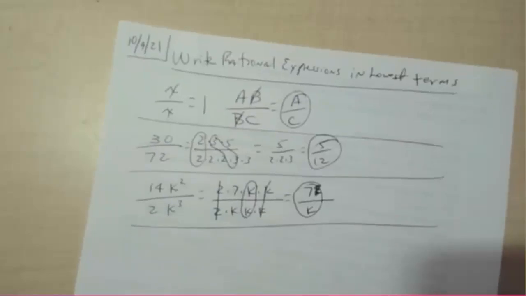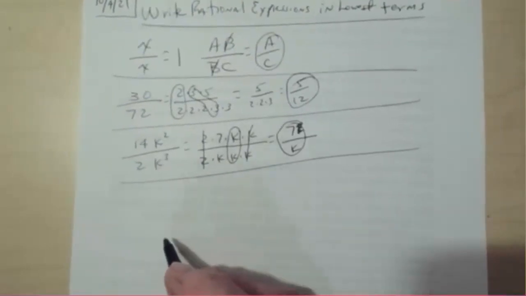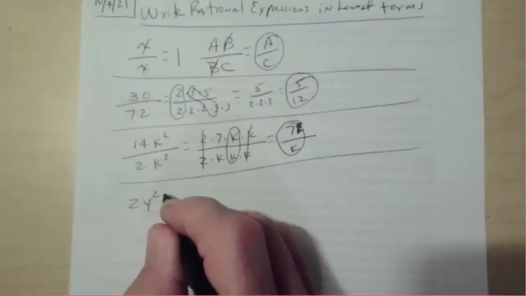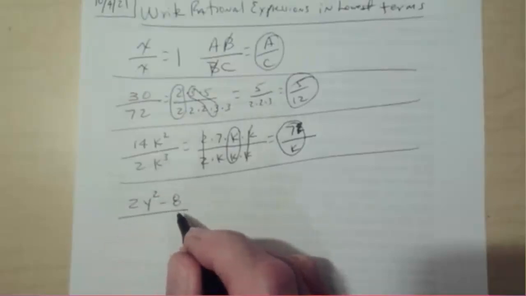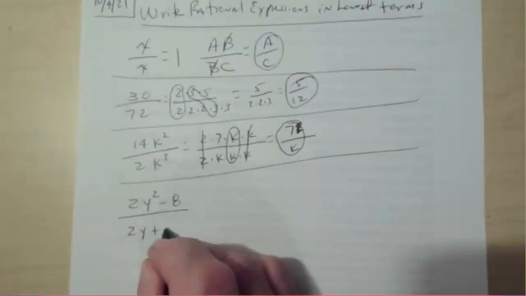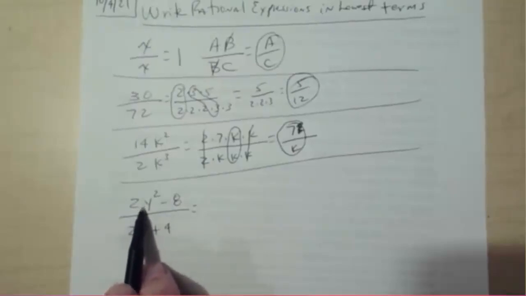Okay. You're going to see more and more of these. If you have 2y squared minus 8 divided by 2y plus 4, what can we factor out of the numerator?